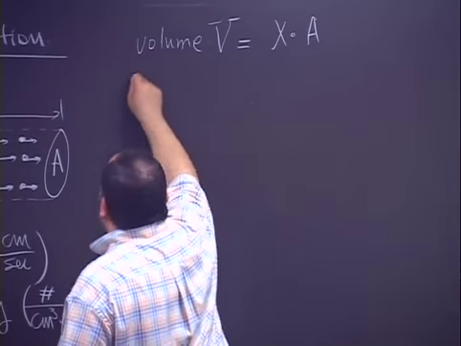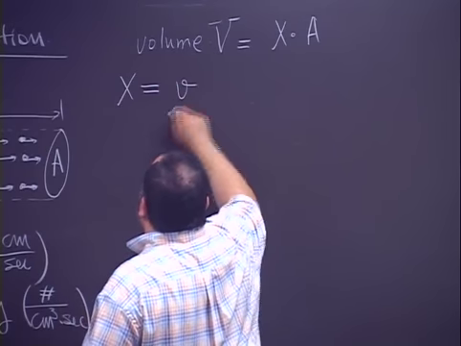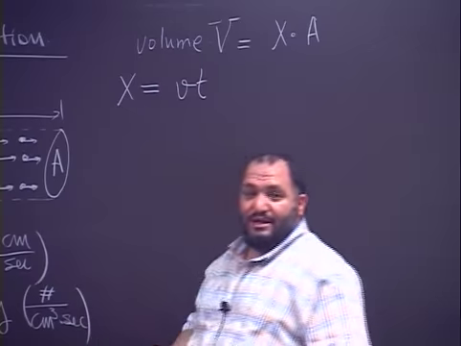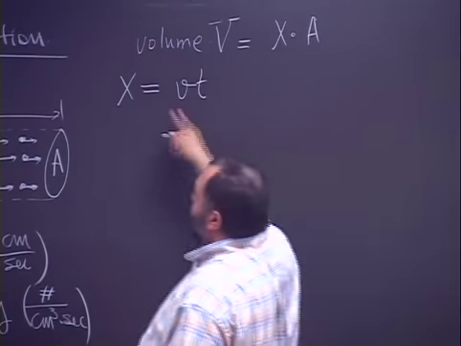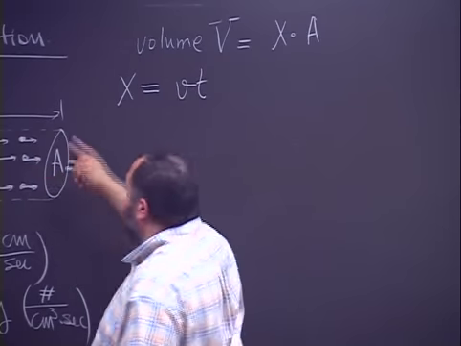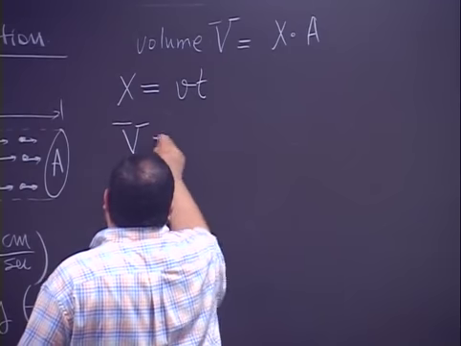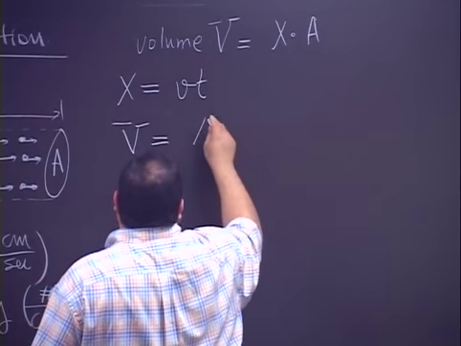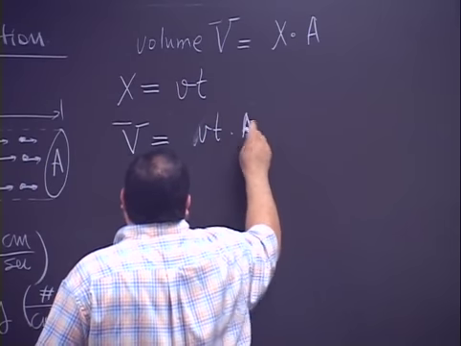This distance x is nothing but the neutron velocity multiplied by time. Velocity multiplied by time gives you the distance, and multiplied by the area gives you the volume. So the volume is x multiplied by A, and x is Vt, so the volume is Vt multiplied by A.